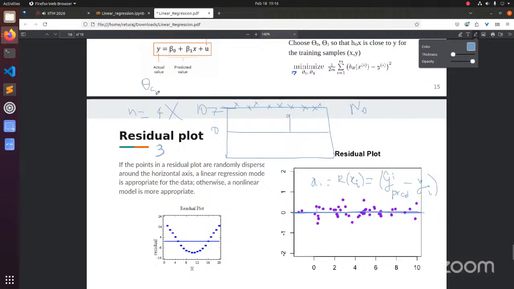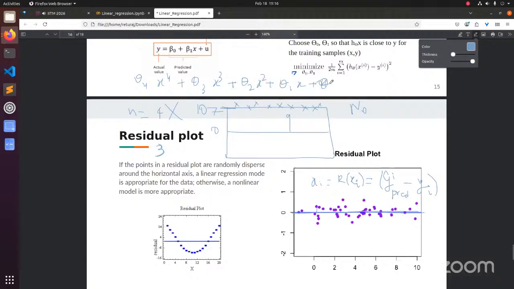I'm writing a degree 4 polynomial: theta 4 x to the power 4 plus theta 3 x to the power 3 plus theta 2 x squared plus theta 1 x plus theta naught.